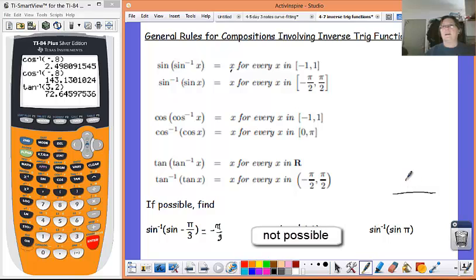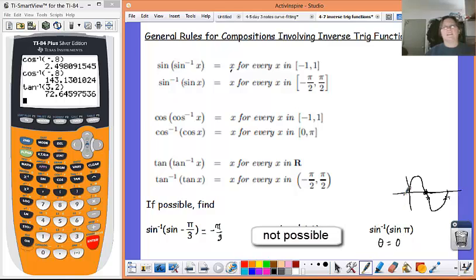The sine at pi, so I got to draw the curve just so I can remember. Here's pi, here's 2 pi. Sine starts here, goes up. Okay, so the sine at pi is 0, and the place where we find a sine of 0 in this range is when theta is 0.